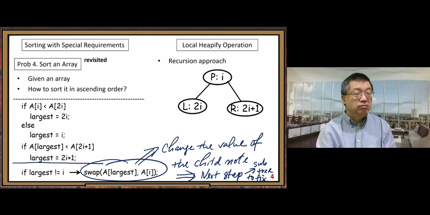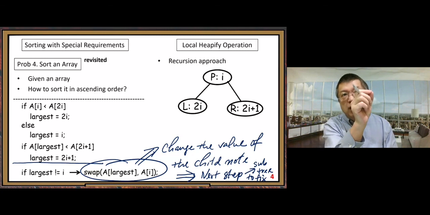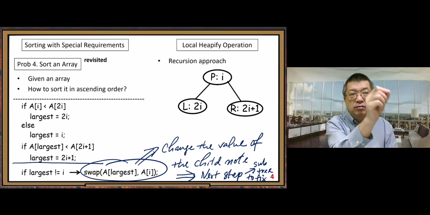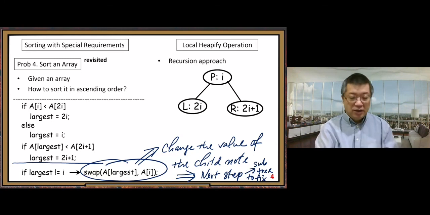We need to do the max heap property checking on that subtree. The root value of that subtree is changed. Okay, so that's the meaning.